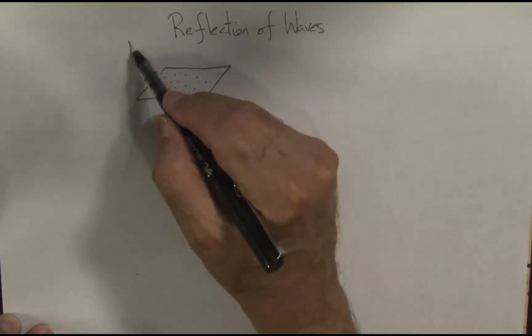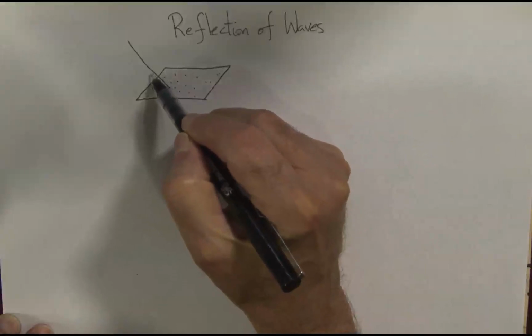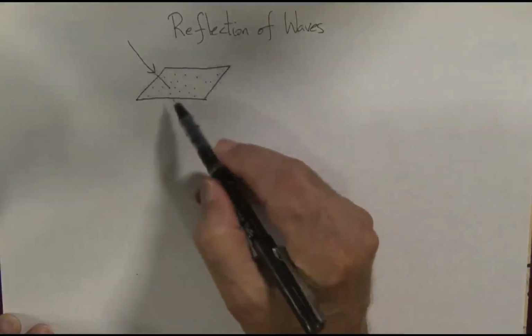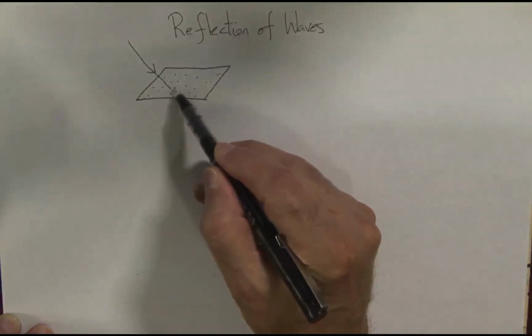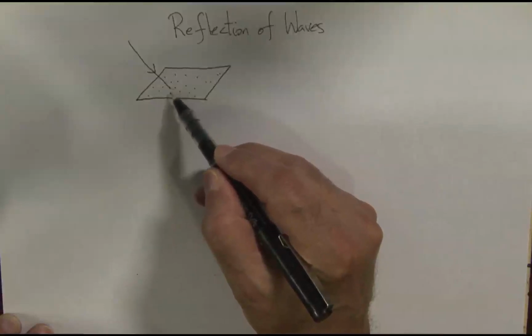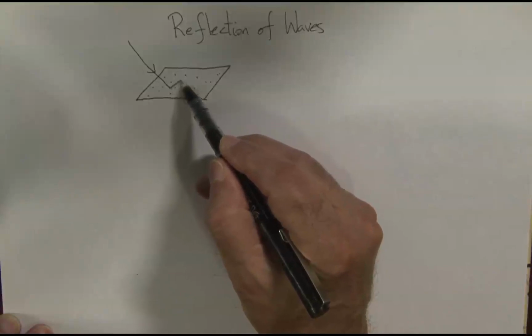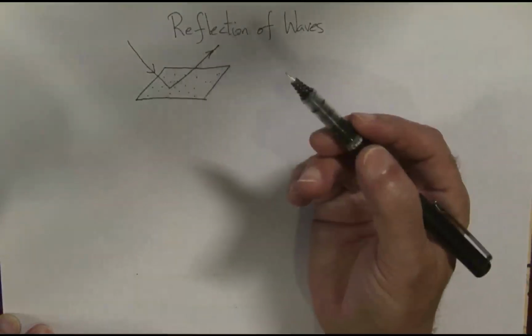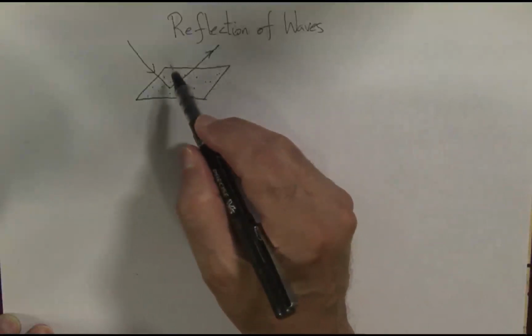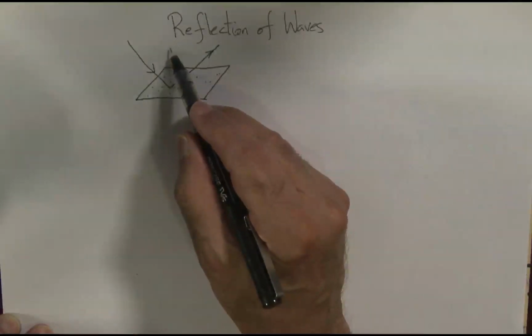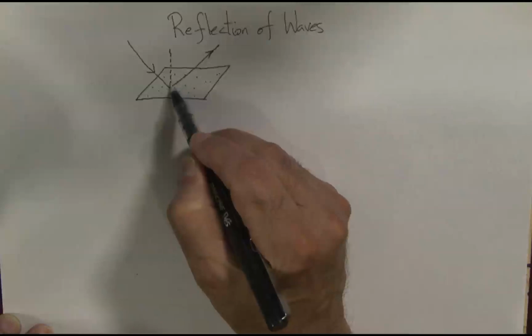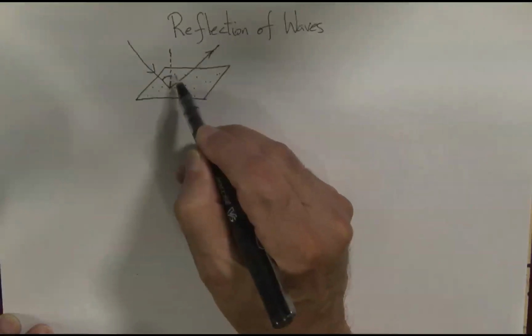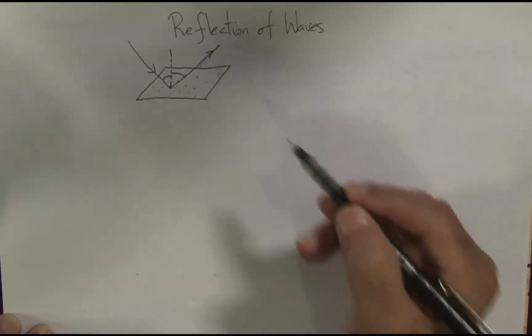So basically, when a wave comes, it induces an acceleration among the charge carriers, and the motion of those charge carriers leads to an outgoing wave. And as you know very well, what will happen is that it will be reflected at the same angle that it was incident at.